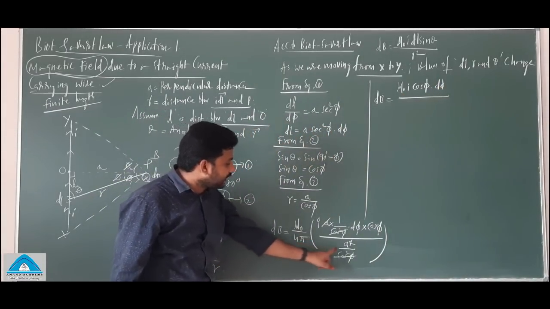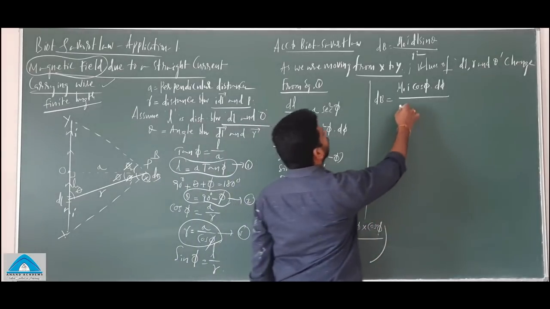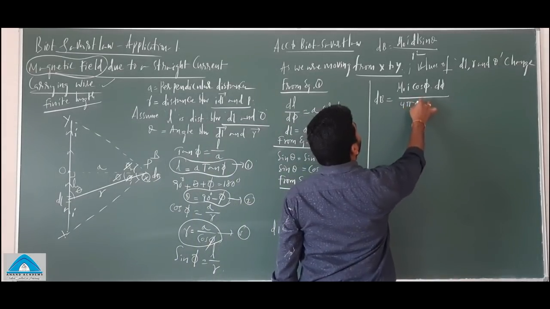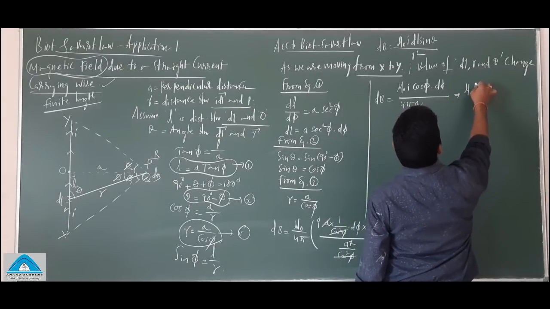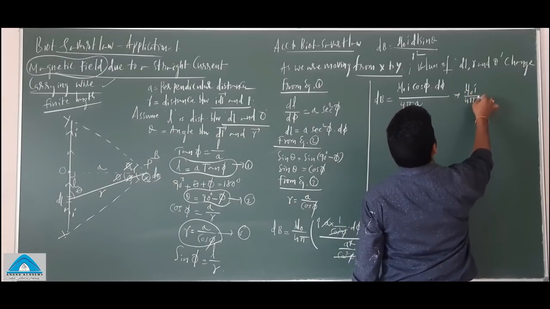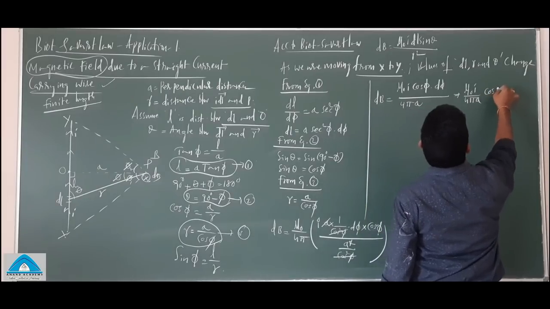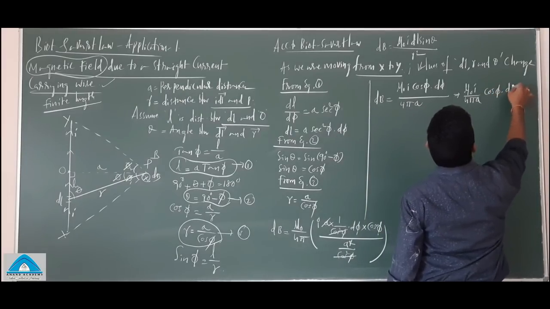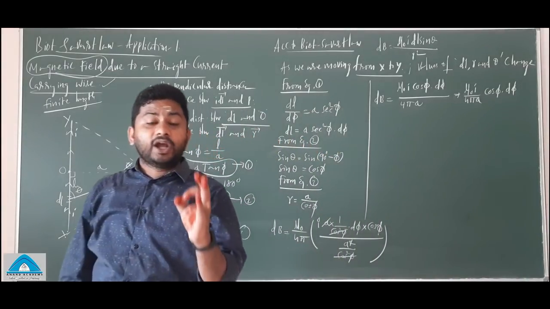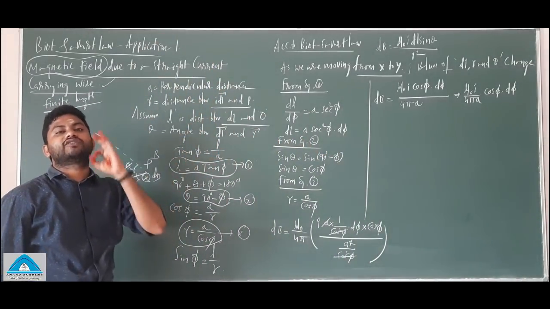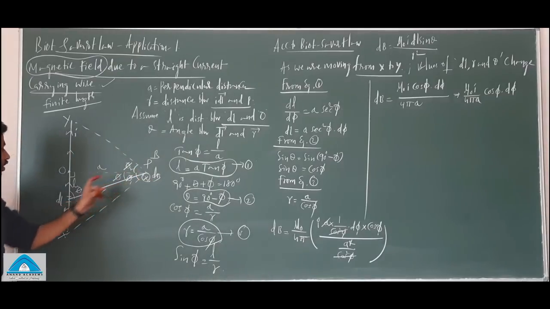The denominator is 4 pi a. So what is that finally? Mu naught I by 4 pi a into cos phi d phi. So that is dB, the Biot formula. The magnitude of the magnetic field at this point due to the small element is dB.